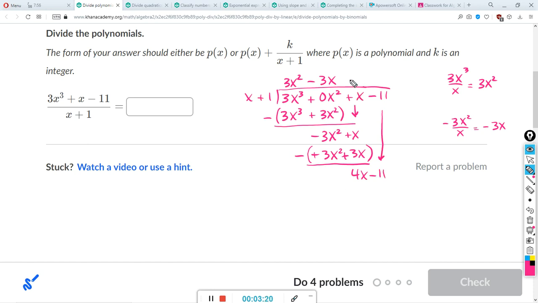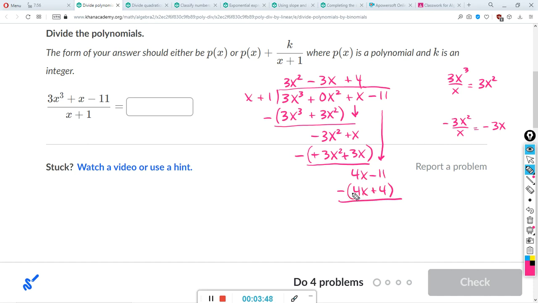Okay. What times x will give us 4x? Well, that's just 4. Okay. So you do 4 times x, and then you do 4 times 1. Subtract this whole thing. Use parentheses. 4x minus 4x is 0.